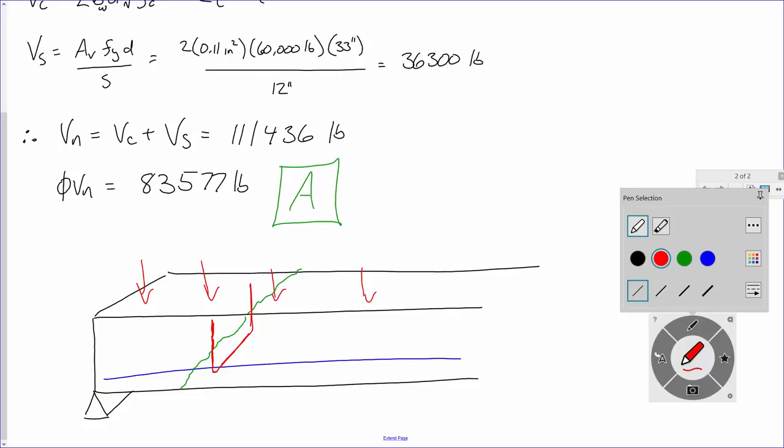Right, that's a stirrup. So that crack crosses the stirrup in two places, right there and right there. So that's why we multiply by 2.